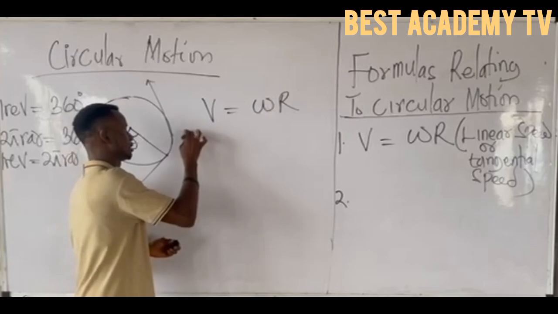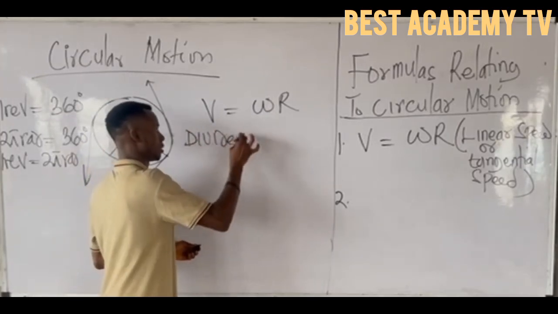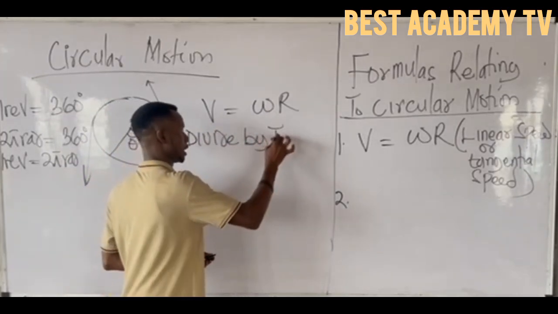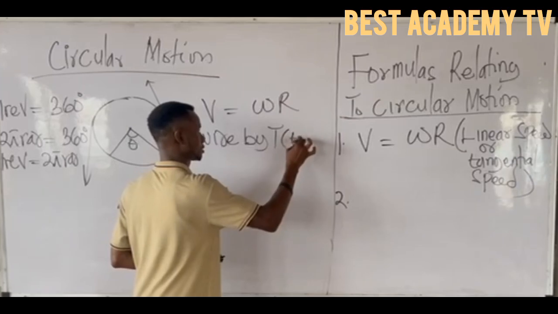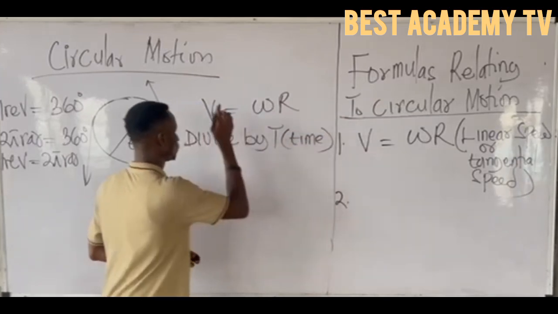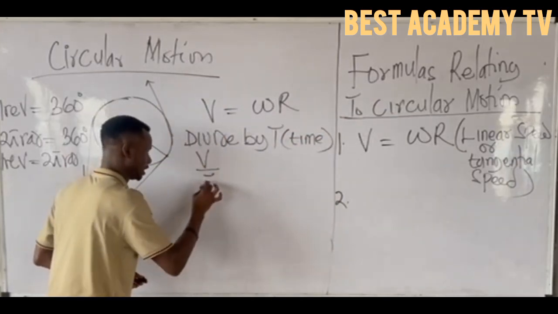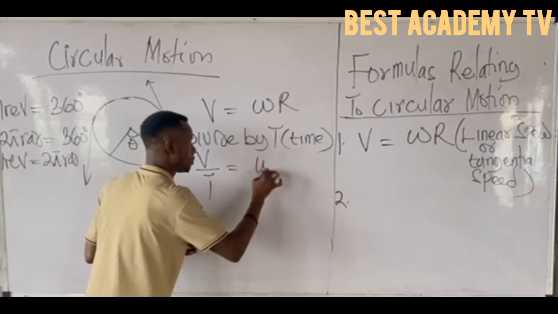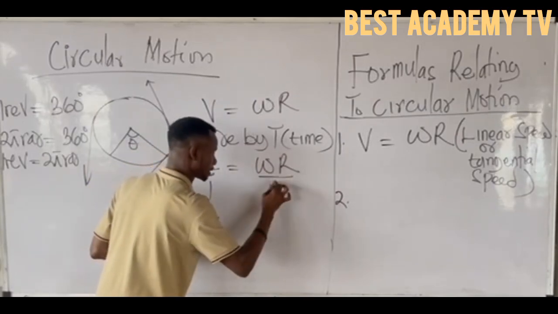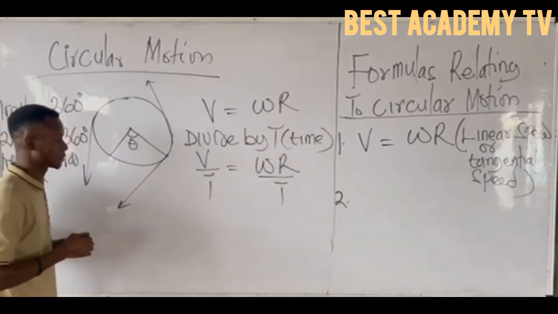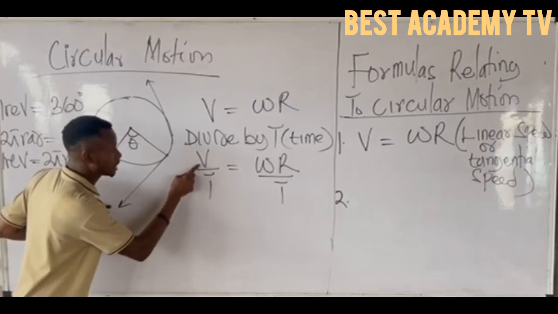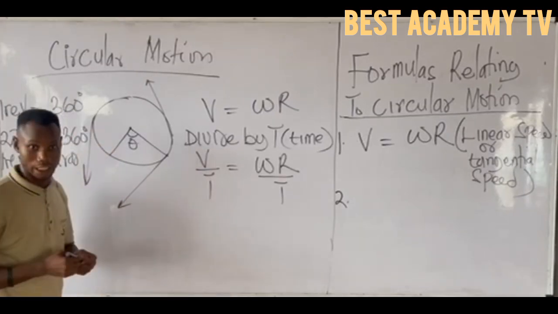So divide by time t, that is time. This is going to be V over t is equal to omega r over t. Now let's try to know this. Class, velocity over time will give us what? Acceleration, right?